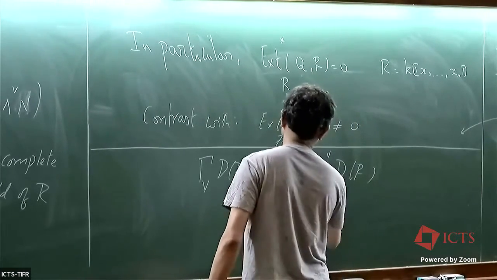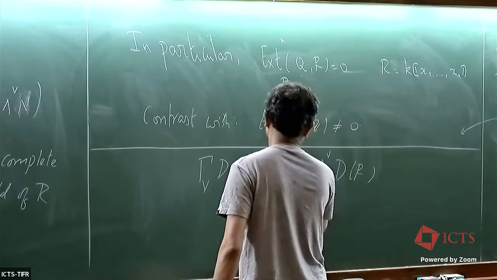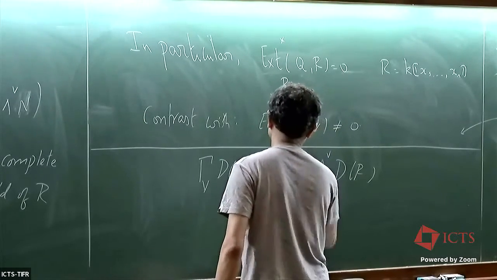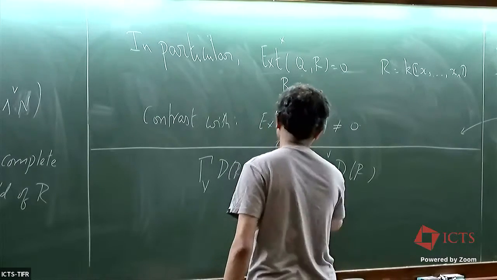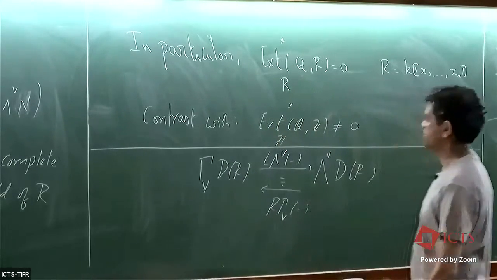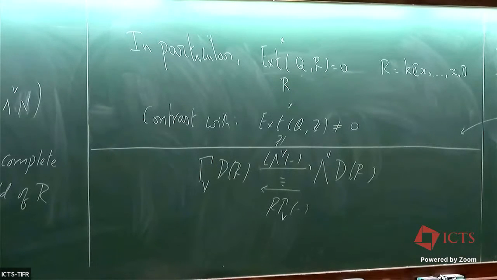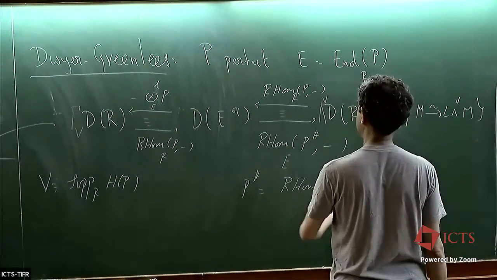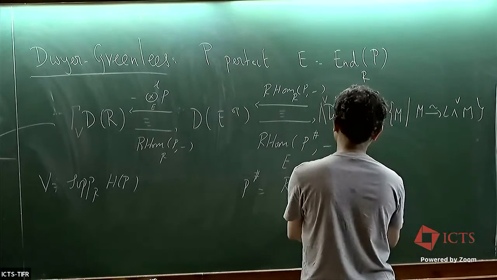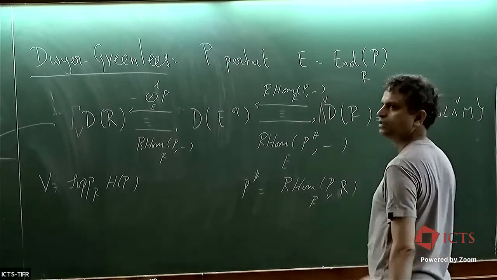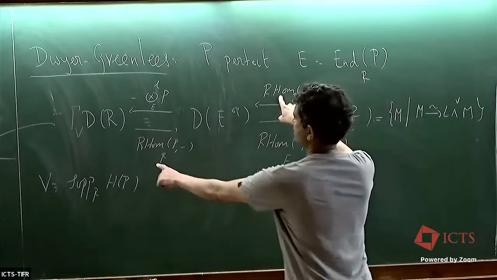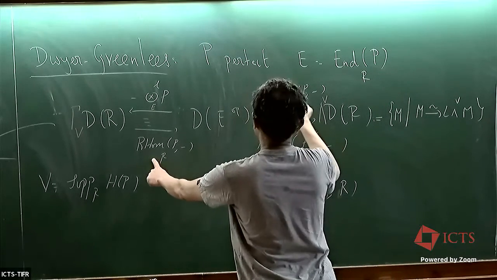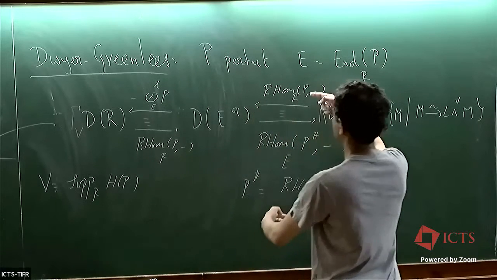And in fact, the functors that give you this equivalence are just the completion and the local cohomology functors, L Λ and RΓ. Here, P^# just means the dual with respect to the ring. This is the same functor as RHom(P, -).